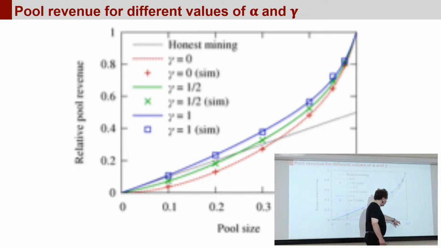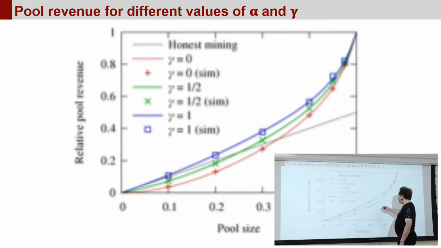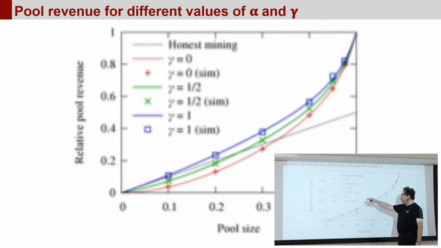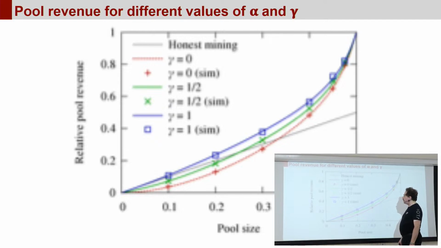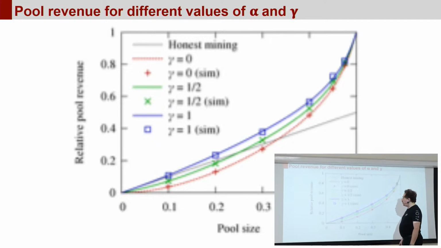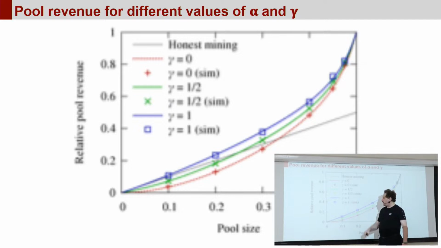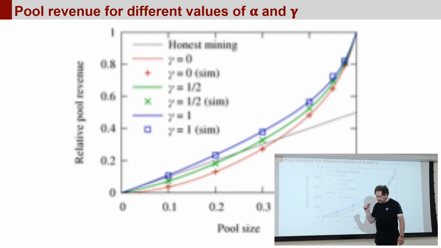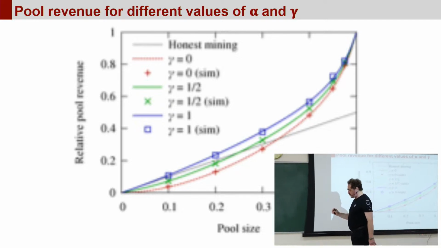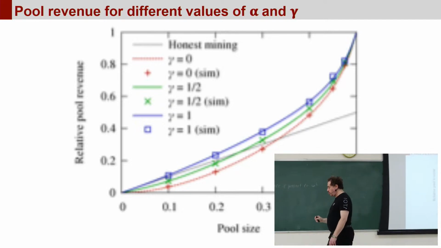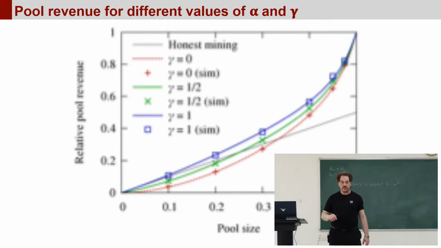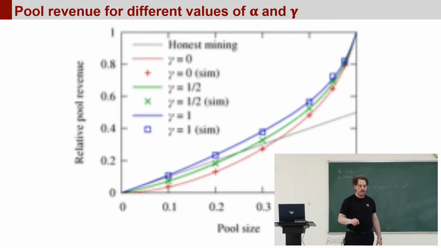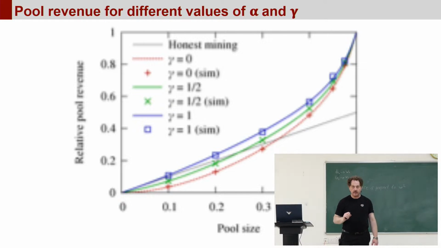This is alpha here. But we have different lines for different values of gamma. It's interesting that if gamma is equal to 1, then selfish mining is always more beneficial than honest mining. So there is no reason to do honest mining if gamma is equal to 1.